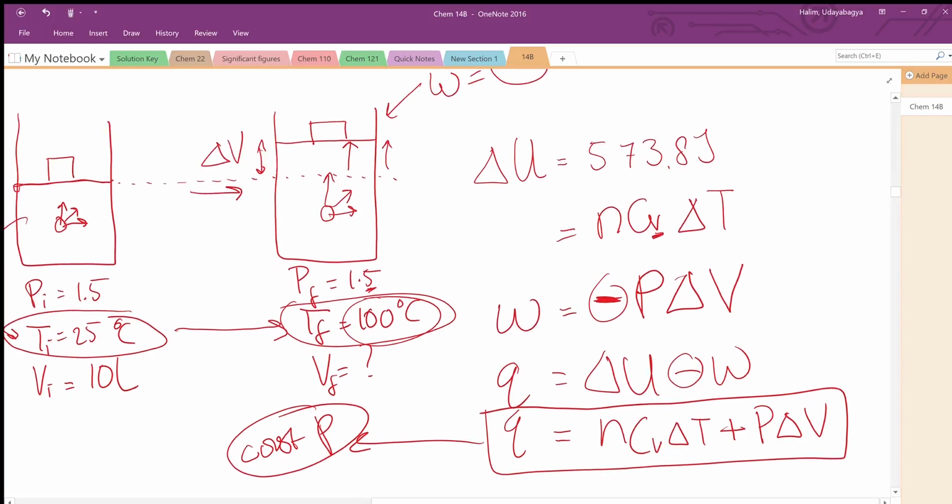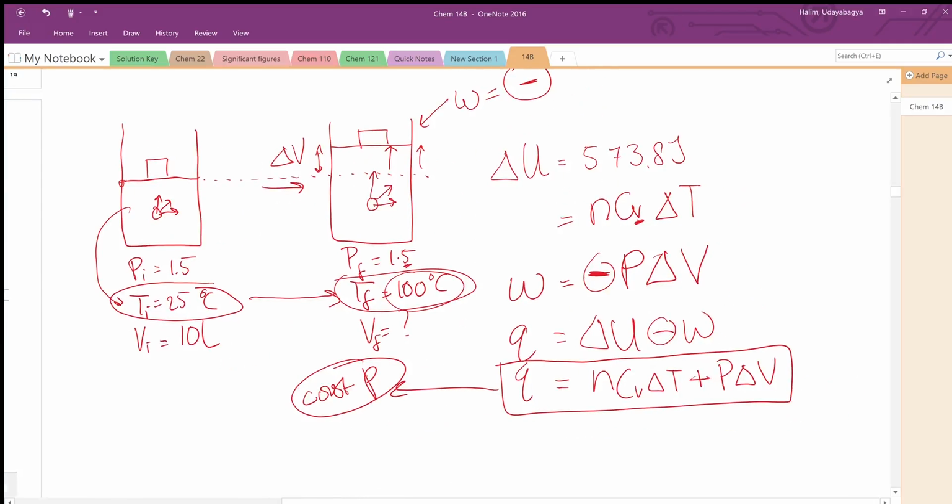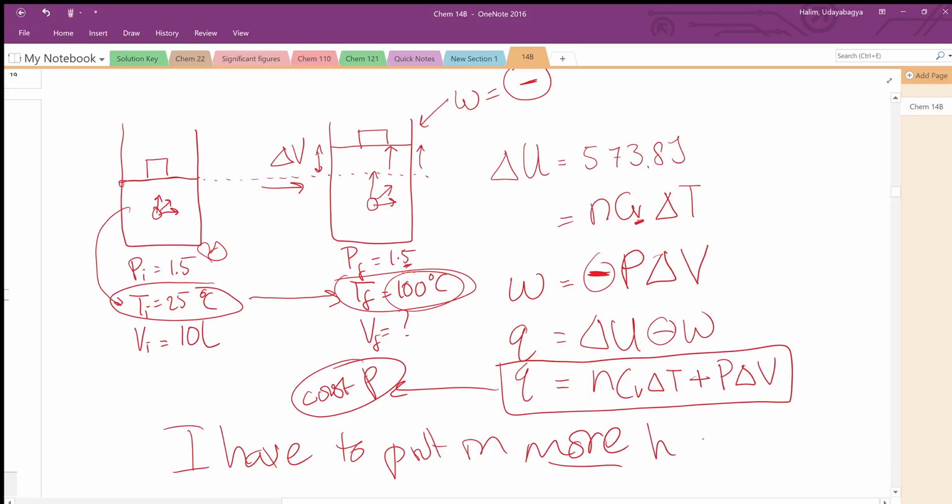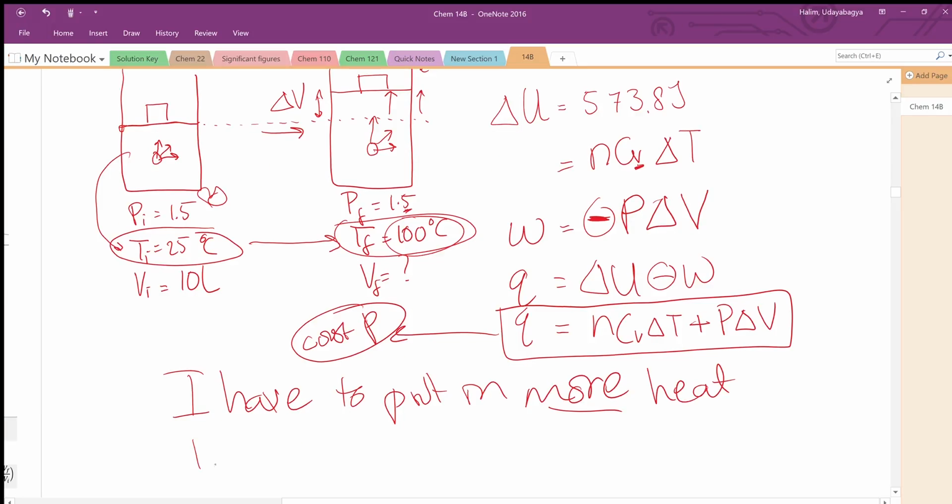My point that I'm trying to get to here is that the amount of heat that I have to put in, so if all I have to do is just put it on a stove, I have to put in more heat to increase the temperature of the gas compared to if we were looking at it at a constant volume.